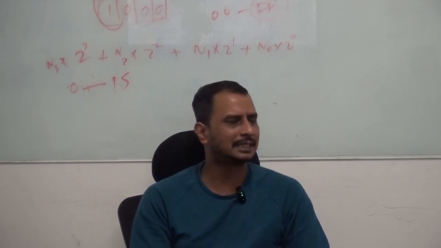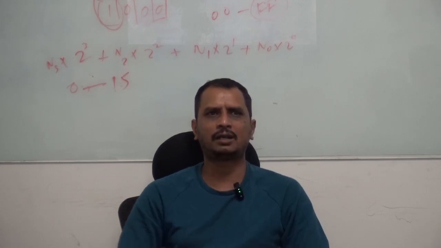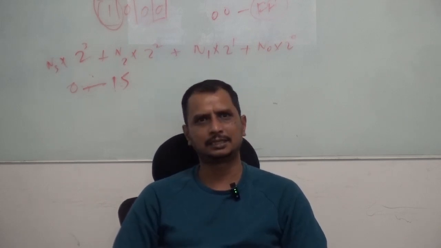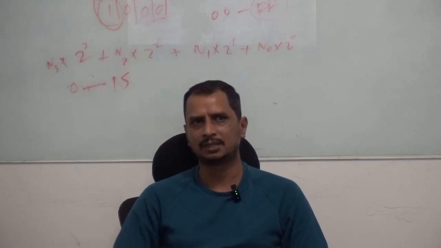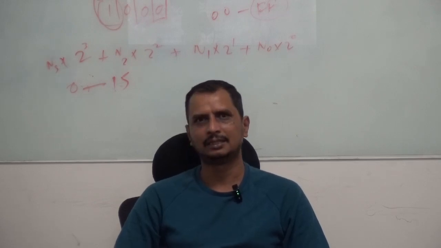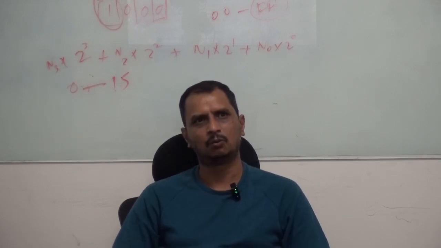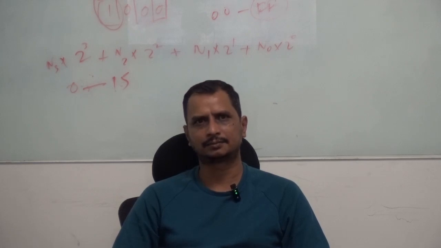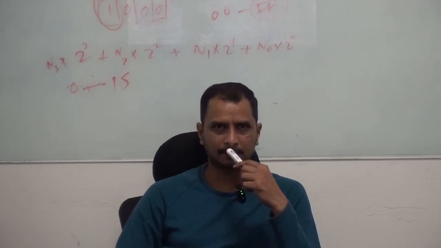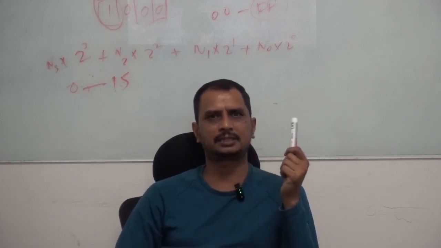Okay, so this is byte. Now short, int and long. These 3 are exactly the same. The only difference is the range. Short is not 32, it will be 16 bit.